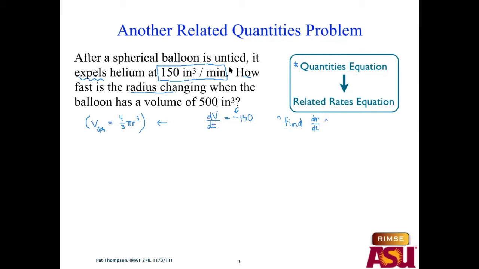You could do unit conversions, but might as well not. So we're going to find dr/dt, the rate of change of the radius. And notice, the balloon is untied. It's getting rid of its volume. So we'd expect this to be negative.